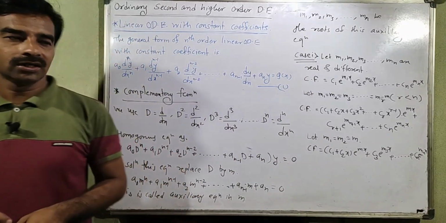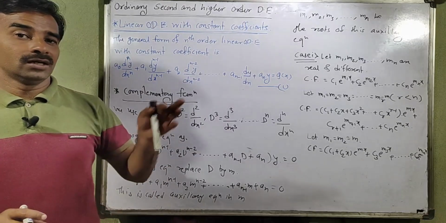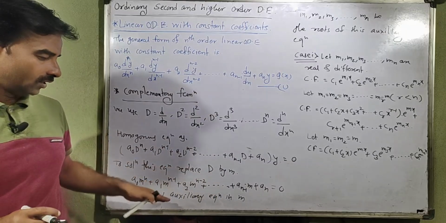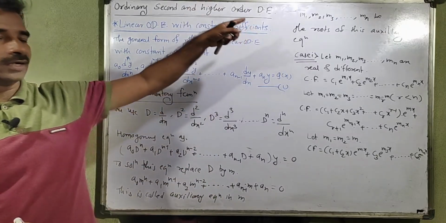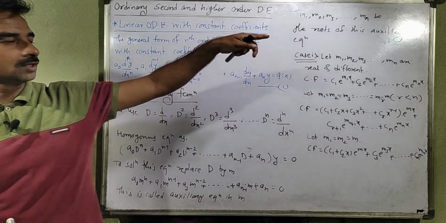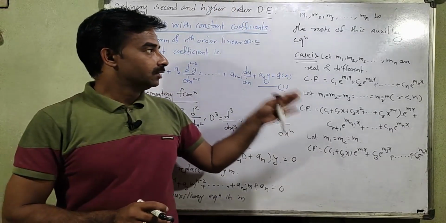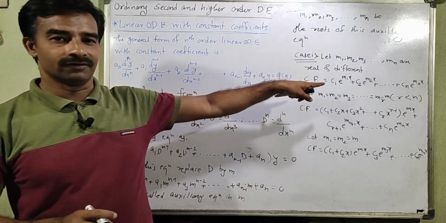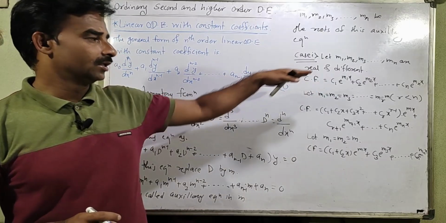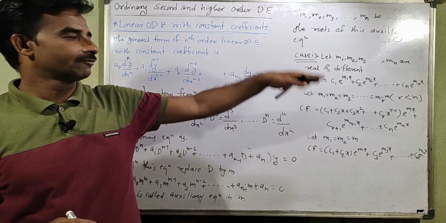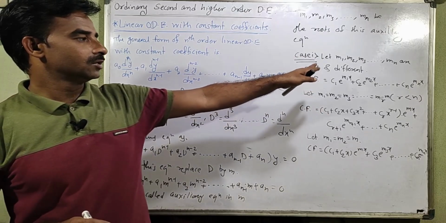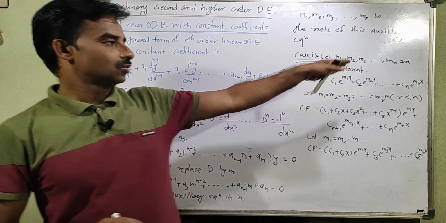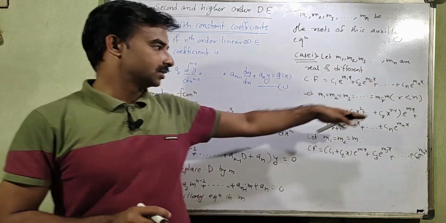Case number 1 is related to the roots of the auxiliary equation in m, having n roots m1, m2, m3 and so on up to mn, and those are real and different. Then we get the complementary function as c1 e^(m1 x) + c2 e^(m2 x) + and so on up to cn e^(mn x).